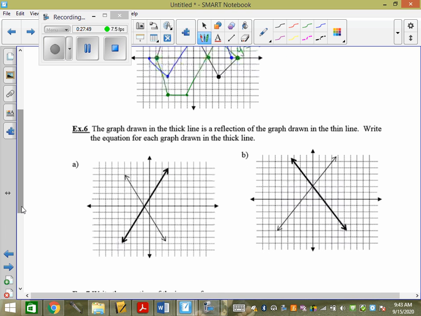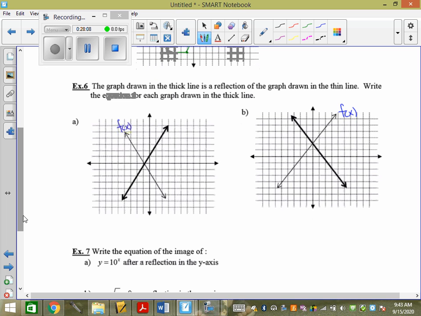Okay. The graph drawn in the thick line is a reflection of the graph drawn in the thin line. So the thin line's original. Write the equation. So these should be labeled. This should be f of x. Both of these. How can we tell this one?